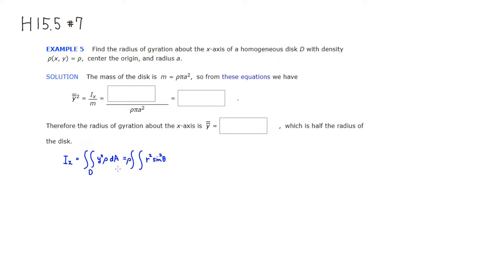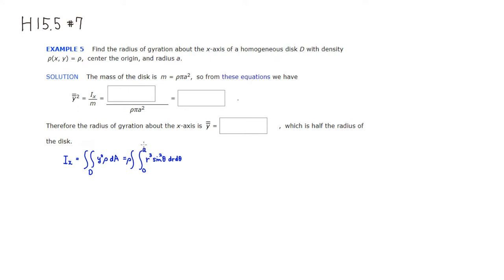And dA is r dr d theta. So I'm going to incorporate the r here, and this is going to be r cubed dr d theta.